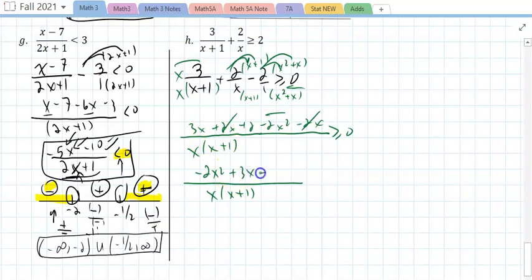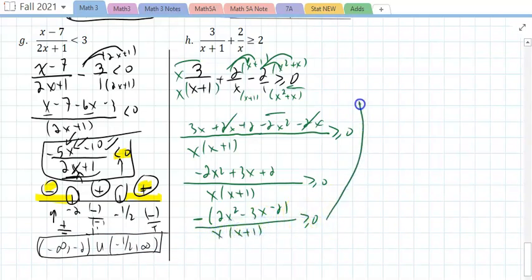Plus 3x plus 2. Or I could say, take a negative out, right? That is 2x squared minus 3x minus 2. There's a price for that, but it's okay. Factor the top. That is 2x and an x, a minus 2 and a plus 1.